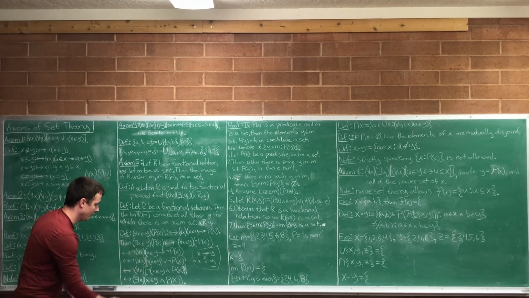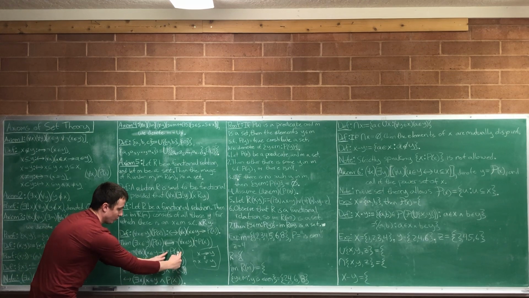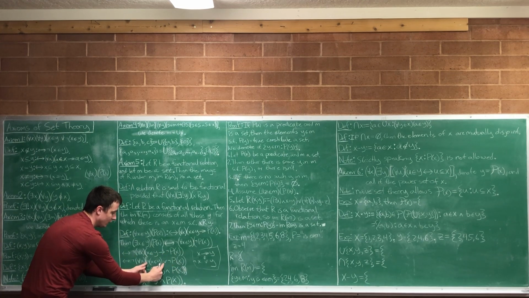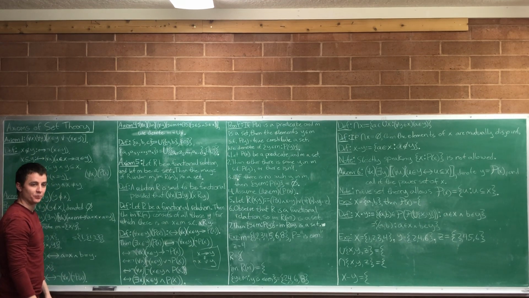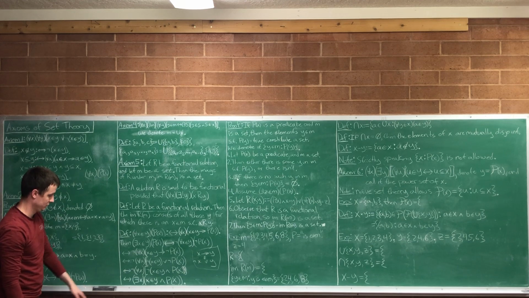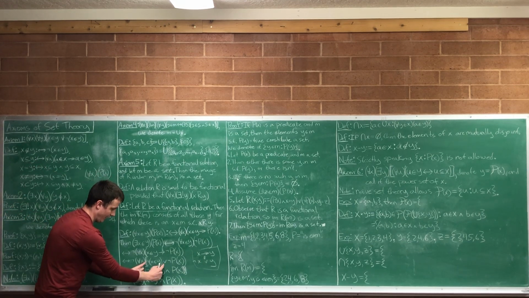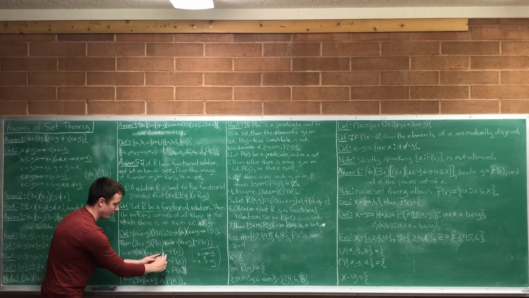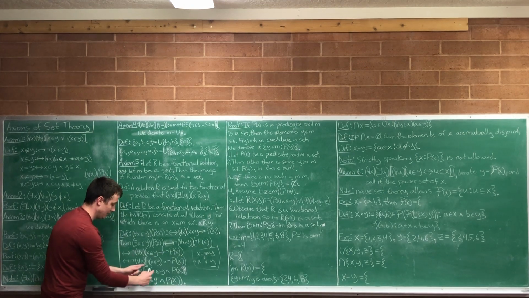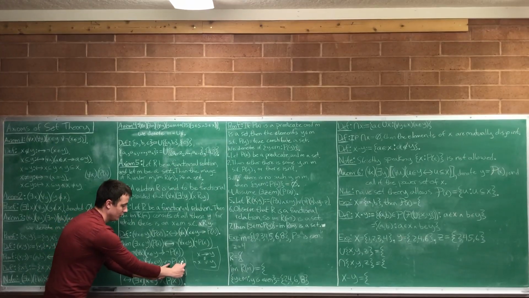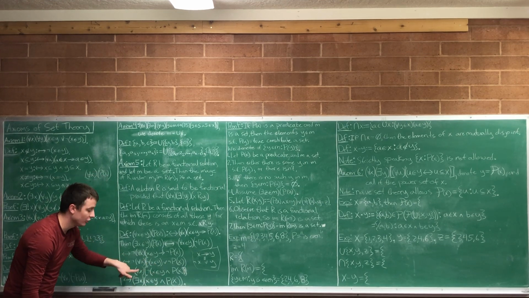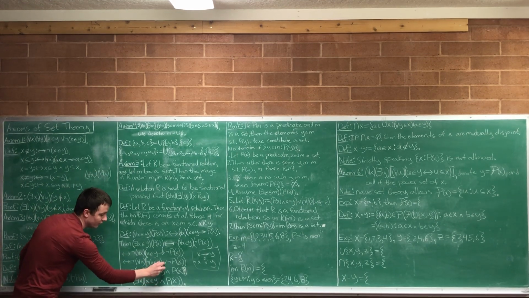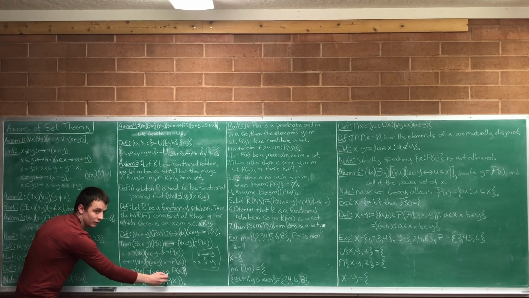Okay, so that's what I'm doing here. x implies y is the same thing as not x or y. Now, when you factor out a not, you turn your ors into ands, right?